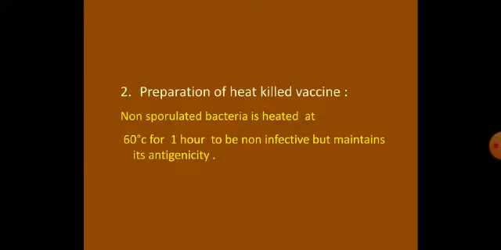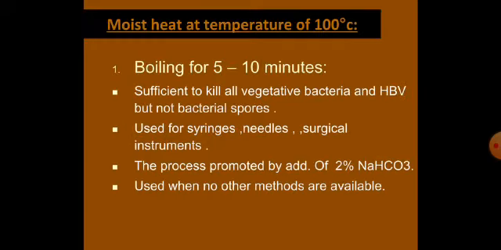This preparation will be discussed in detail in the practical section. Moist heat at 100 degrees is boiling for 5 to 10 minutes in water. Boiling the instrument in water for 10 minutes is sufficient to kill all the vegetative bacteria and even the hepatitis viruses.